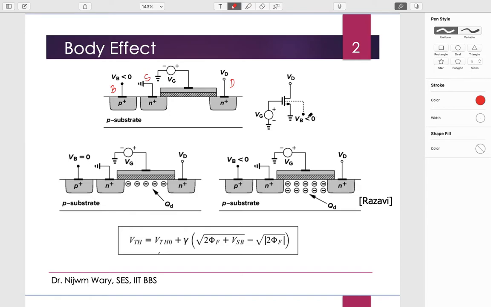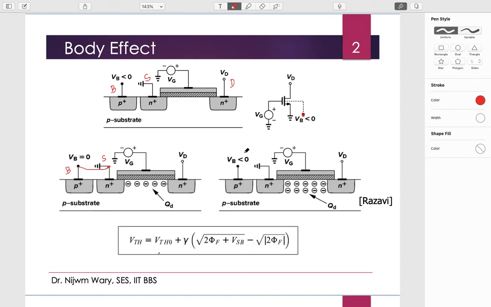Whenever the bulk potential goes to a value less than zero, this phenomenon happens. Whenever the bulk and the source are both grounded, normal operation happens. In this situation both are shorted, so there is no change in the threshold.